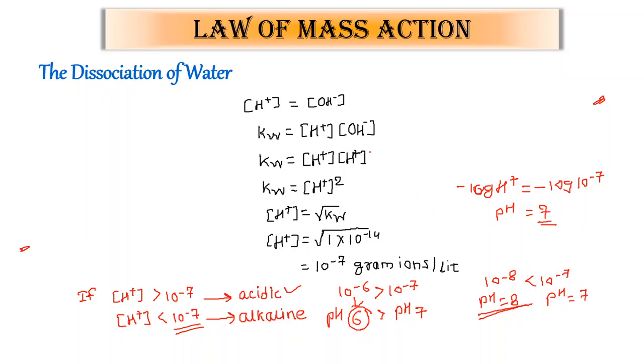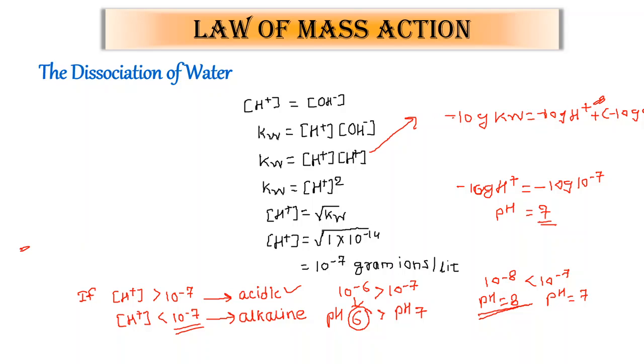If I apply minus log to this, I can say minus log of Kw is equals to minus log of H ions, and then again here as a plus in bracket minus log of OH ions.